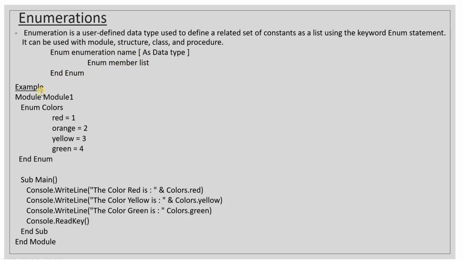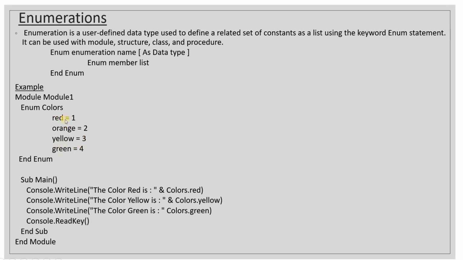Take an example. Module1 is our program name. Enum Colors. Colors is the enumeration name. Then Red, Orange, Yellow and Green is the enumeration member list.